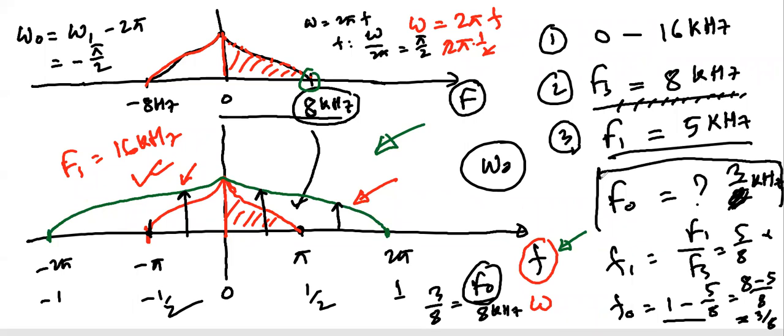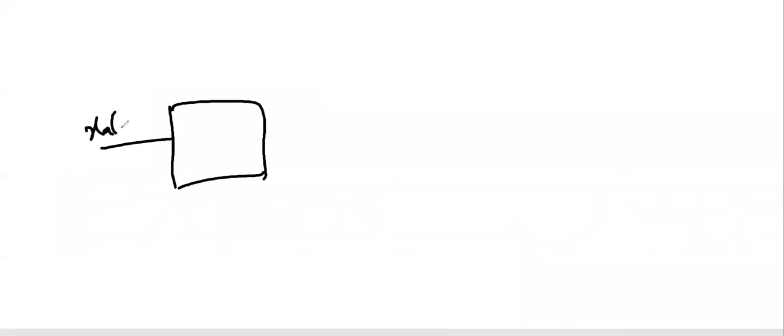Yes, you are right. So you start with 5 kilohertz somewhere else and you end up with 3 kilohertz. So what does it mean? Let's say this is your channel. You are putting in a signal from 0 to 16 kilohertz. What is the sampling frequency Fs? You are taking not 16, but 8 kilohertz, unfortunately.